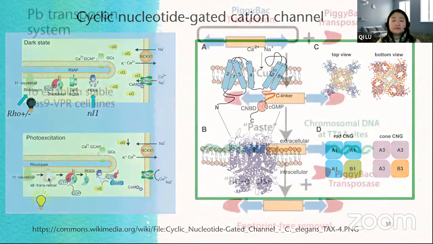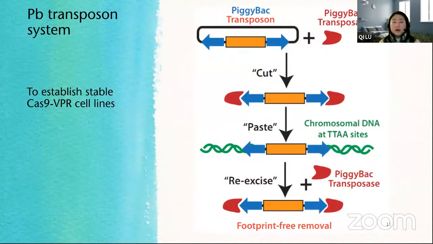Another pretty cool technique they're using in this system is the PB transposon system. In this way, they can establish a very stable Cas9-VPR cell line system.